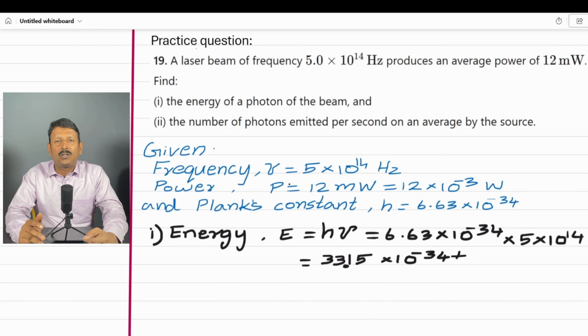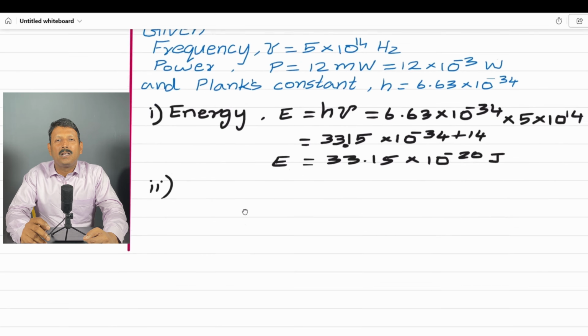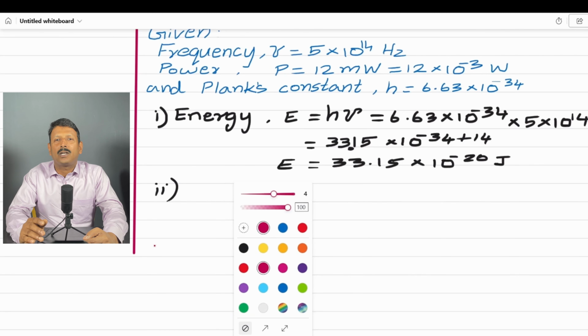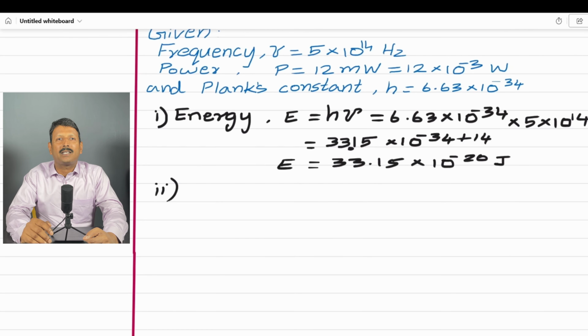Do the multiplication: 5 into 6.63, you will get 33.15, into 10 raised to minus 34 plus 14. So the 10 power will be minus 20. This is not in standard form. You can write in standard form also: 3.315 into 10 raised to minus 19 joule.